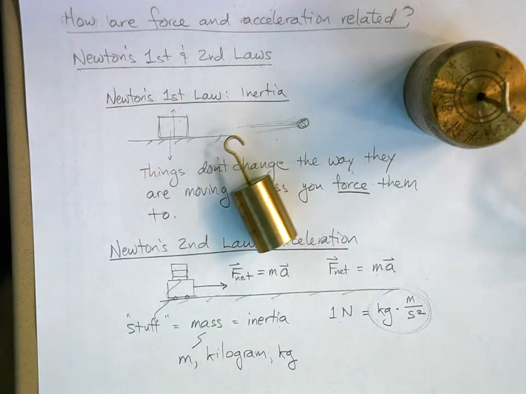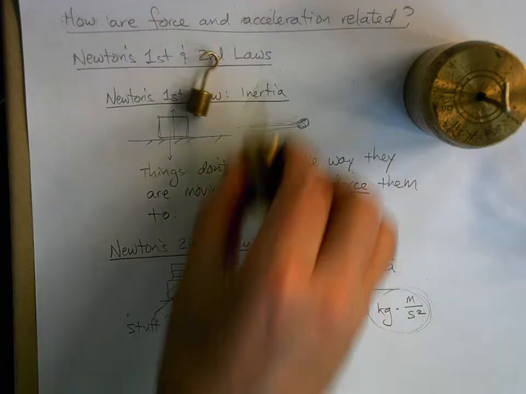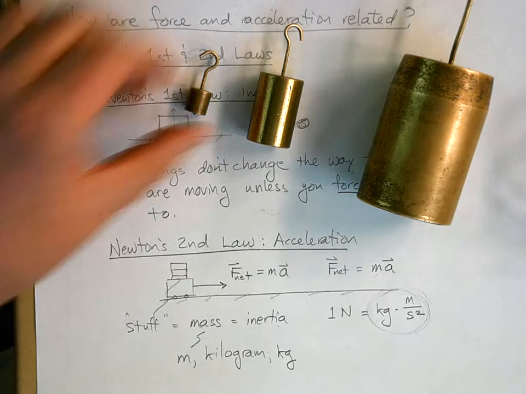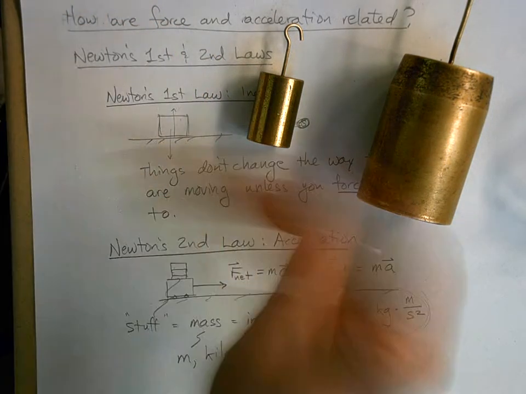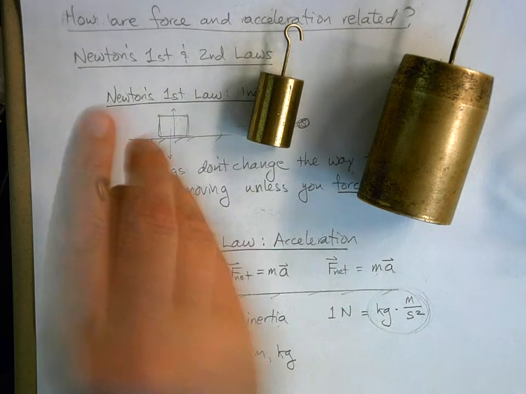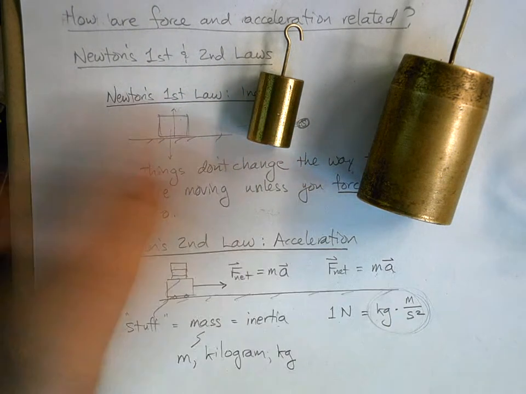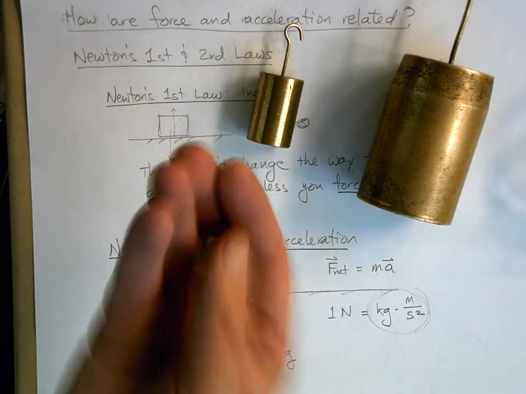And now, look at that one. Oh, so tiny, 10 grams. I hardly even notice it moving this back and forth. I guess I can feel it a little bit, but by the way, that's how you feel mass.